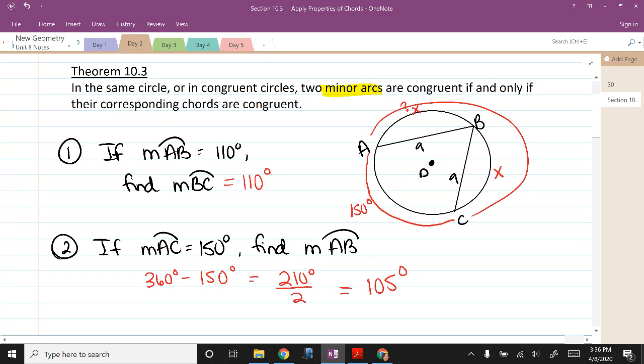So the measure of AB is going to be 105 degrees. And you can check it. 105 plus 105 plus 150 should equal 360 degrees altogether. So we found the measure of the major arc and divided it by 2 because we know those two arcs, AB and BC, have to be congruent to each other. So that's why I could divide by 2.